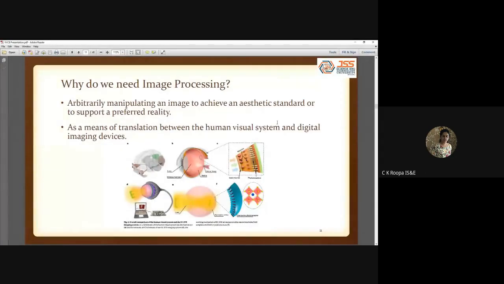Right. So why do we need image processing? The main objective of using image processing is to manipulate the image, right? So to an aesthetic standard or to support a preferred reality, right?